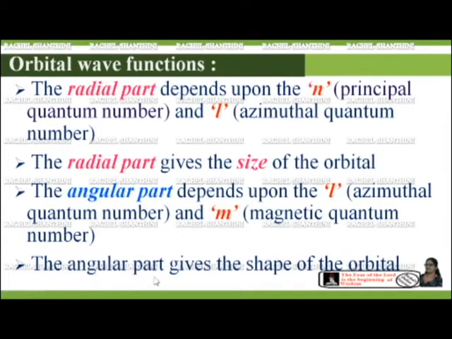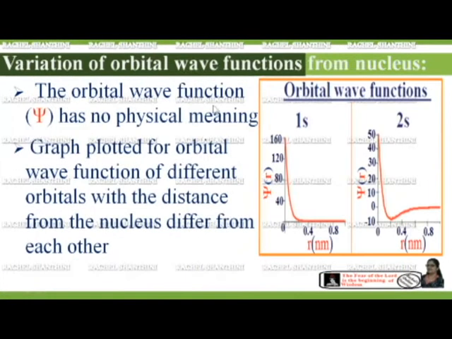So the angular part gives the shape of the orbital. The orbital wave function psi has no physical meaning. If we plot graphs for orbital wave function of different orbitals like 1s, 2s with the distance from the nucleus, they differ from each other.